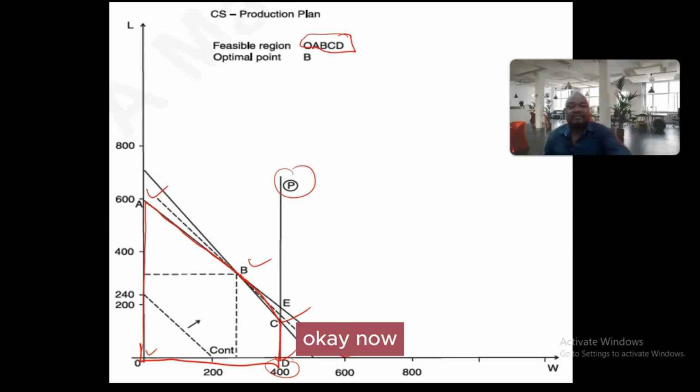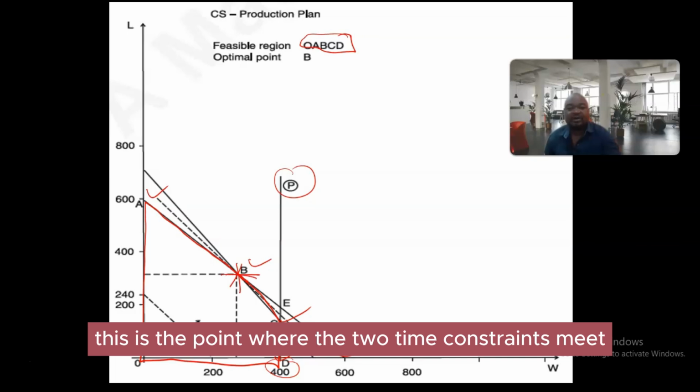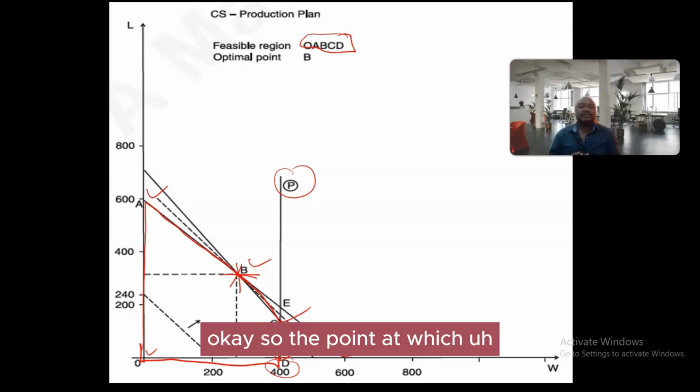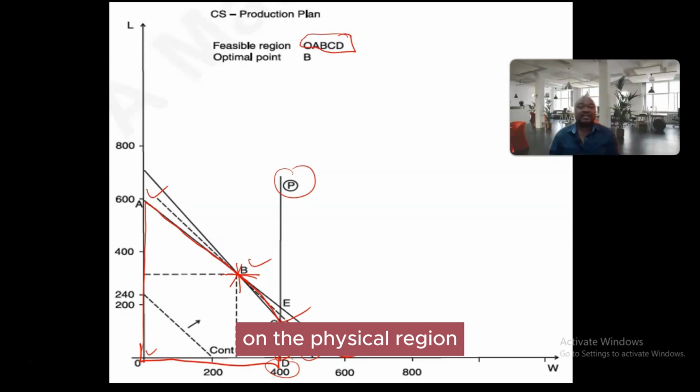Okay, now we are also told that the optimal point is the point B, and we say that this is the point where the two time constraints meet. Okay, so the point at which the T constraint and the F constraint meet on the feasible region.